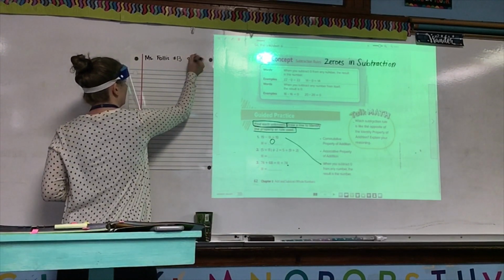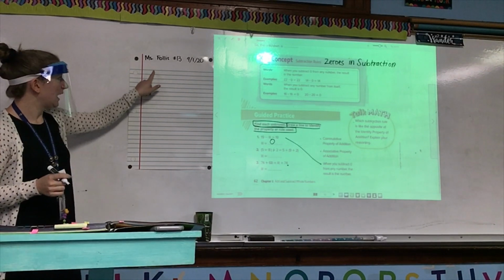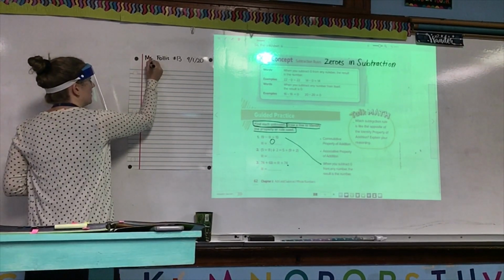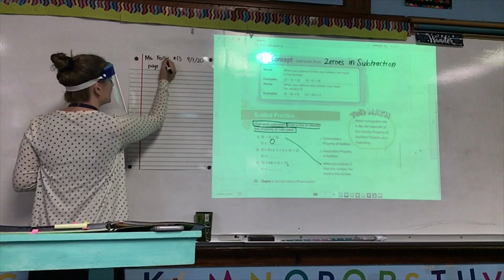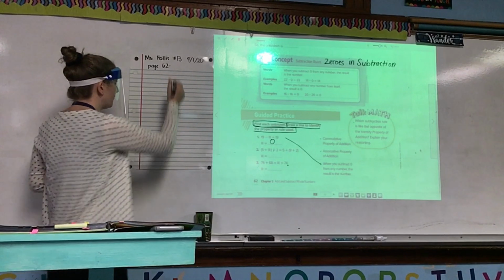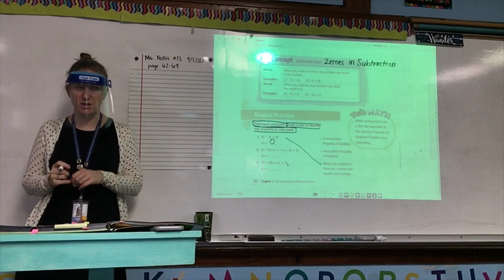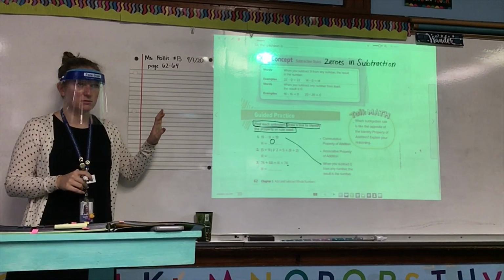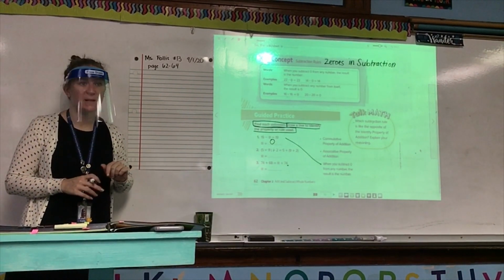So 9/1/20. And then you're going to write page 62 through 64, because this is your separate sheet of paper for your independent practice. Not for homework, just for independent practice.